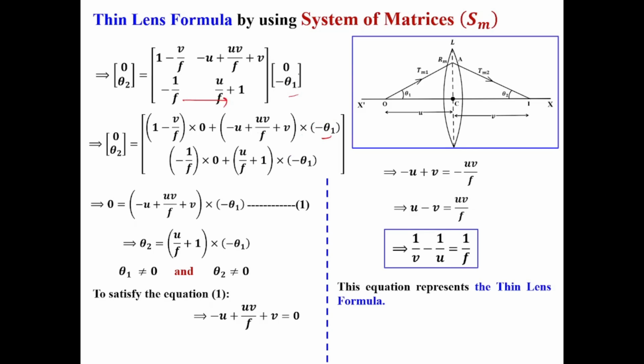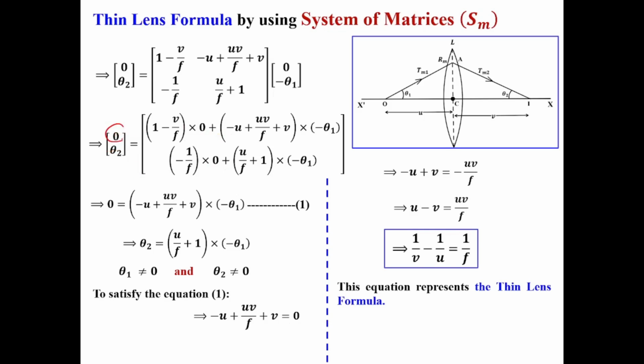Then this row with this column: minus 1 by f multiplied with 0 plus u by f plus 1 multiplied with minus theta 1. Left hand side is 0, theta 2. Just compare the first row with the first row, and the second row with the second row.